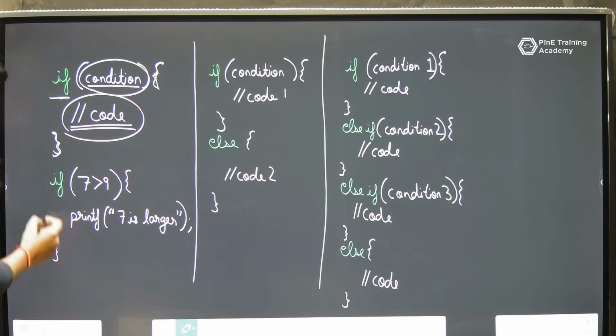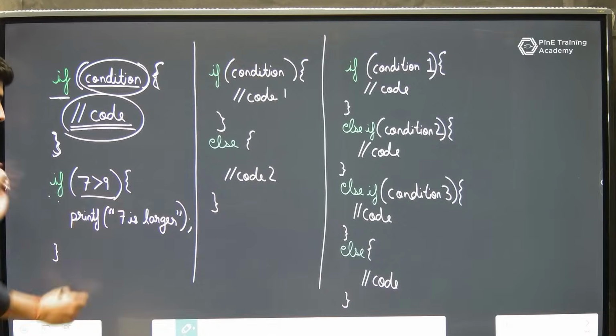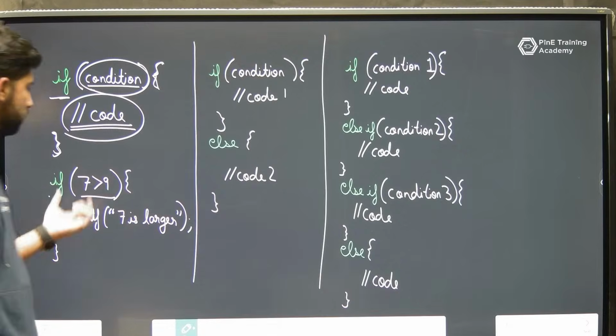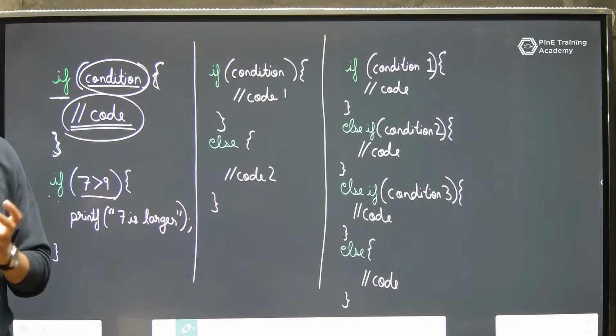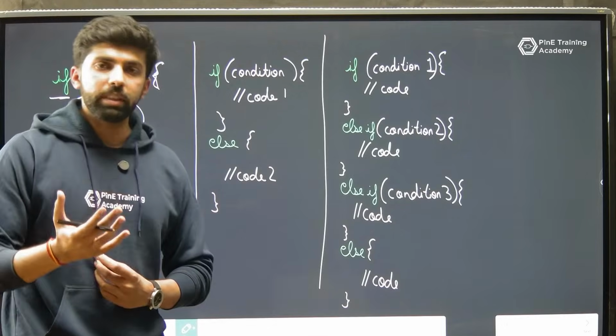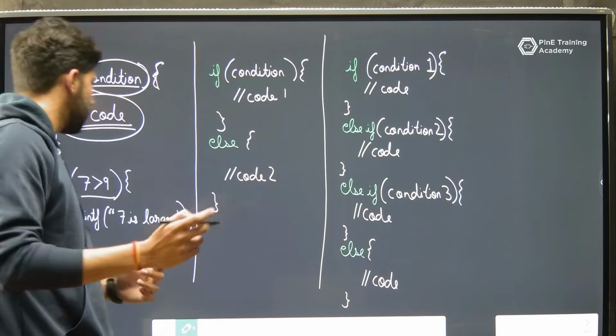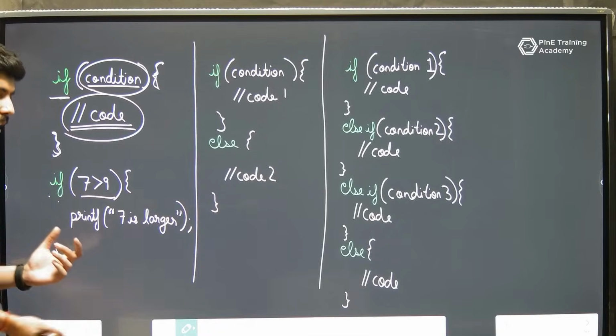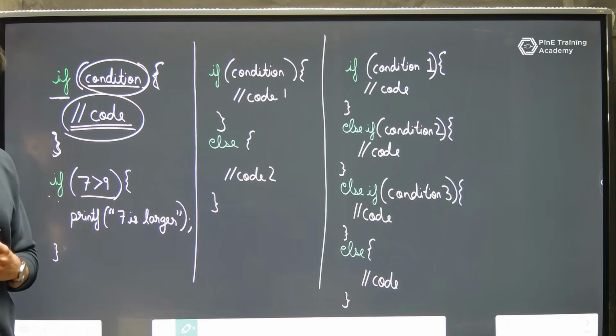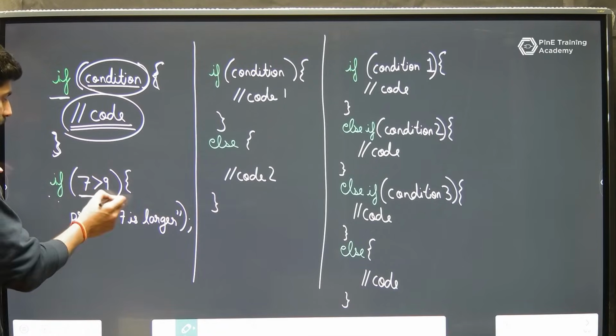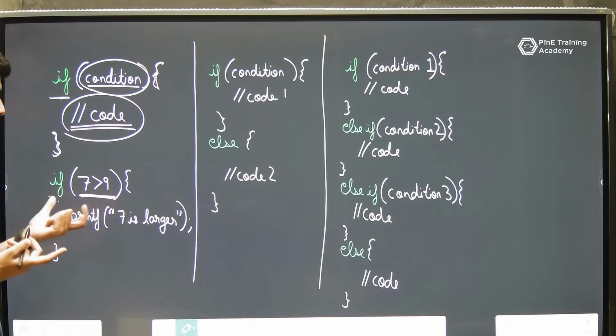For example, if I write if 7 is greater than 9, as I told you, this is a relational operator, and a relational operator gives a result in terms of true or false. 7 is greater than 9 is a false statement, a false condition. 7 is not greater than 9.